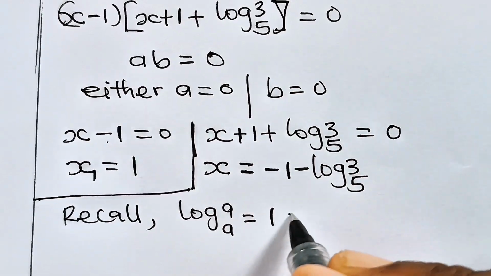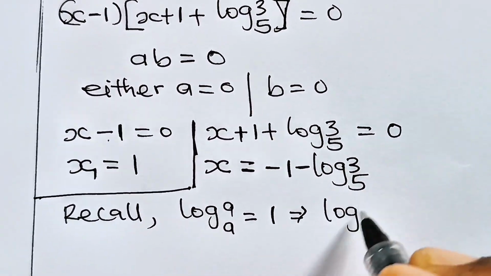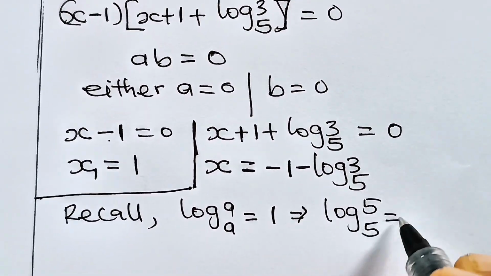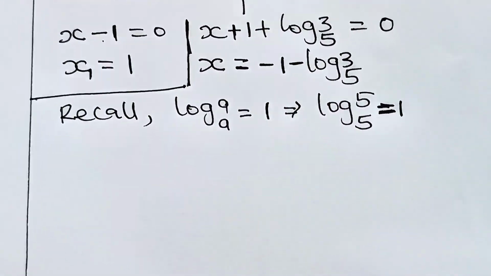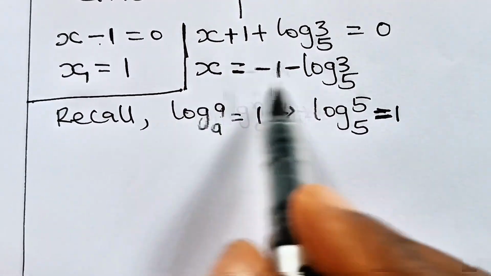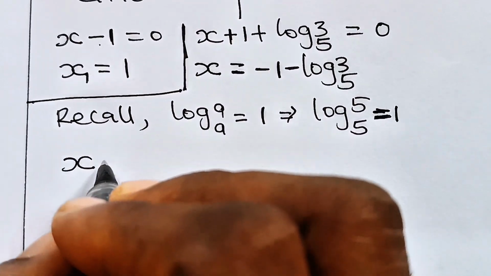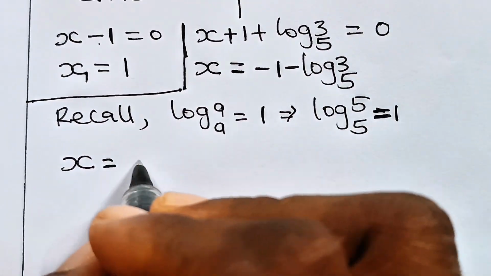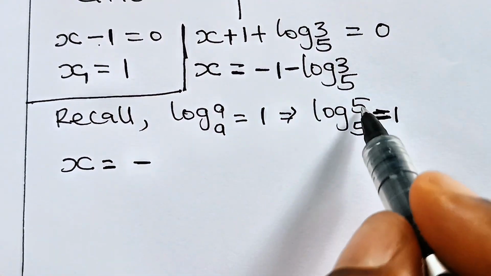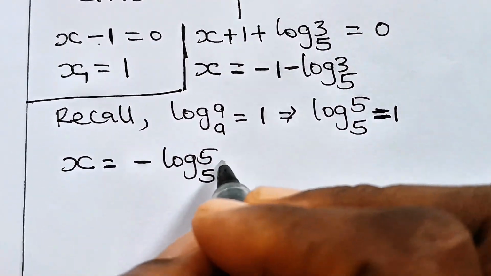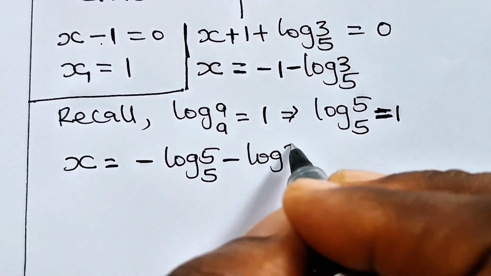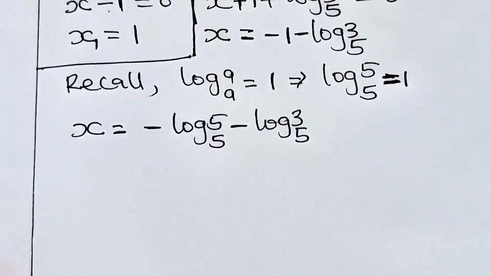Okay, so this implies that log 5 base 5 is equal to 1. Now we can see that x is equal to minus, let me replace 1 with log 5 base 5, minus log 3 base 5.